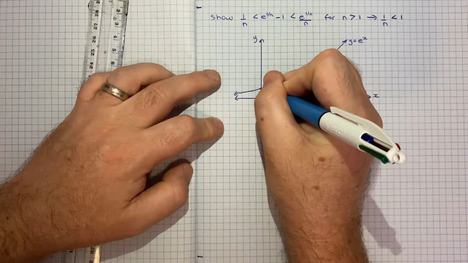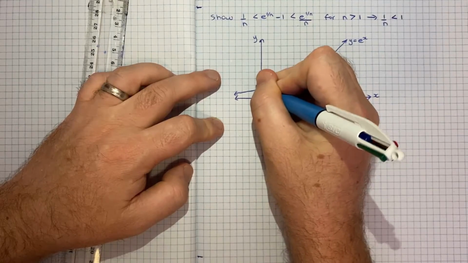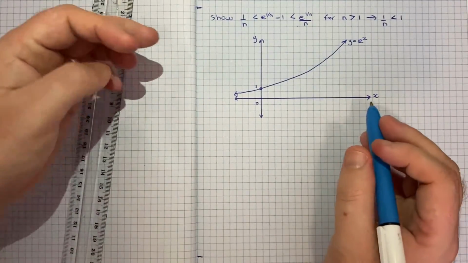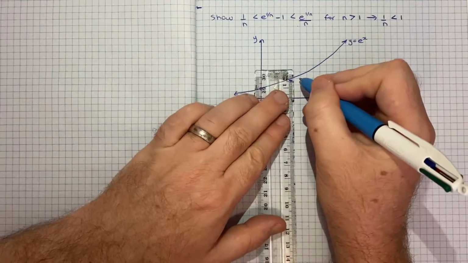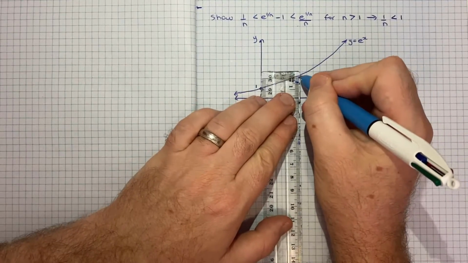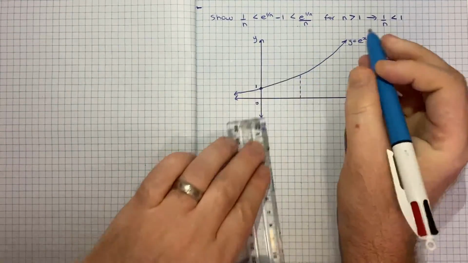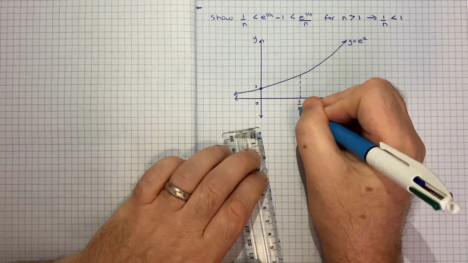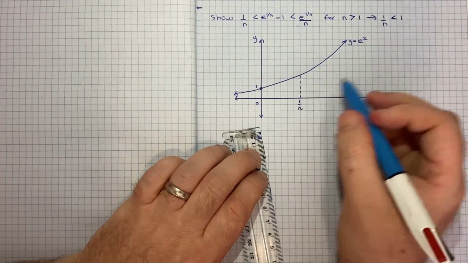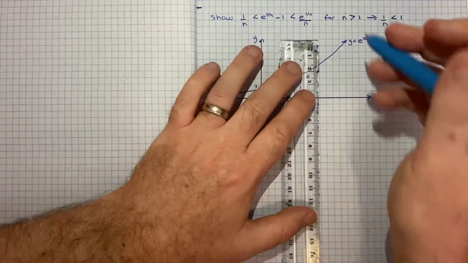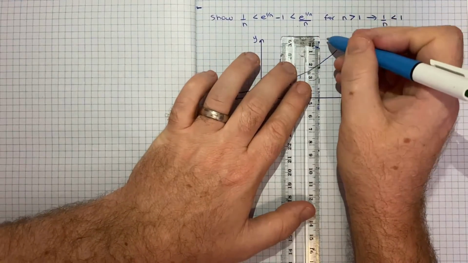One thing we can say is we know it will intercept at 1. And what I might do now is plot on an arbitrary point that I'll call 1 on n, so at x of 1 on n, which we know will be less than the point 1.